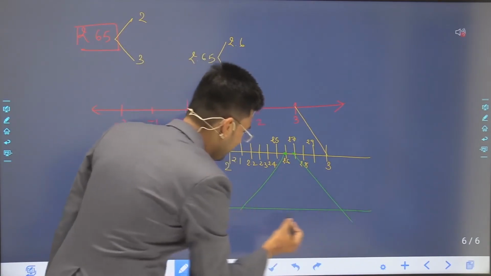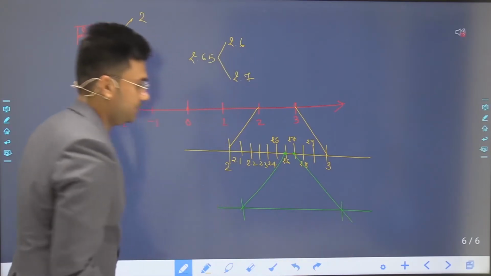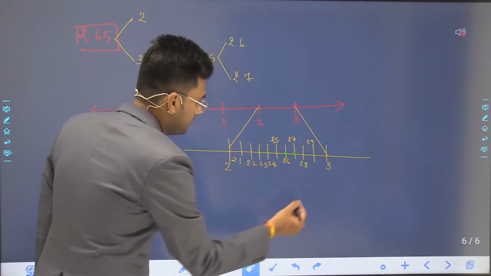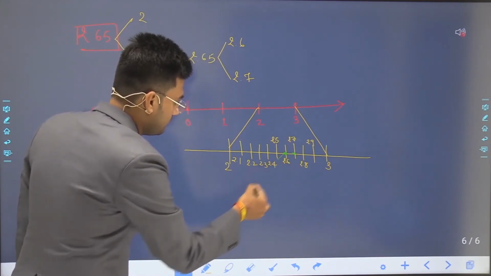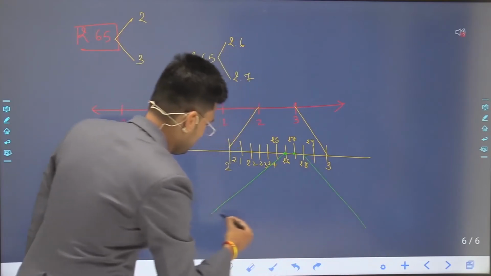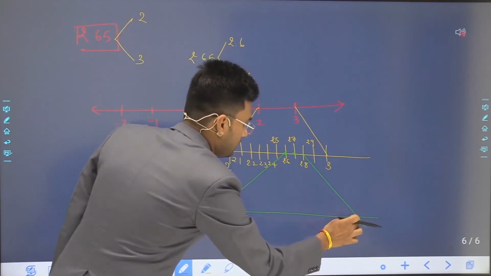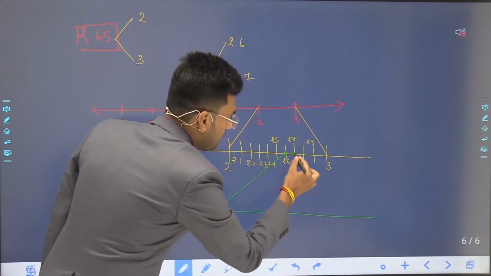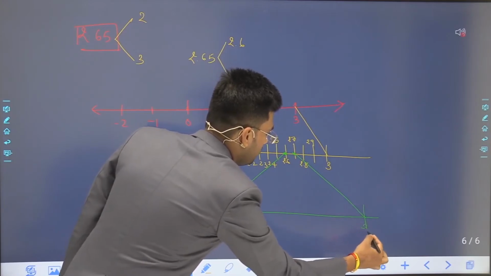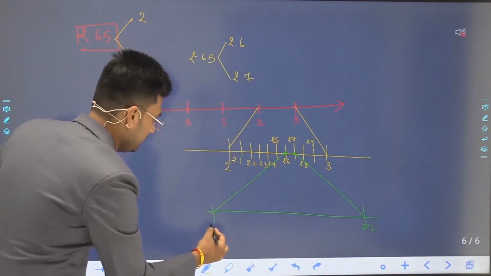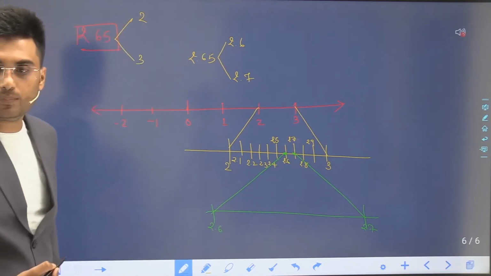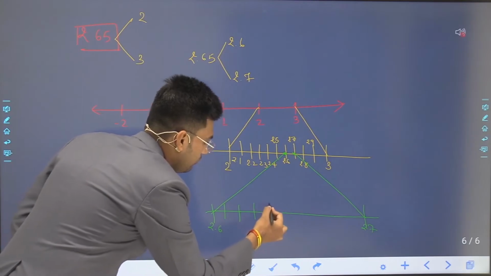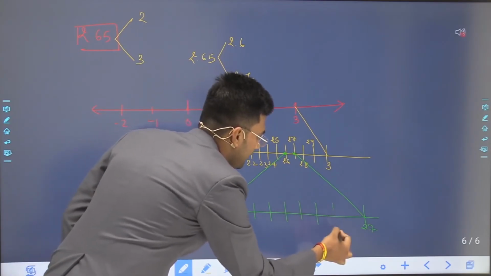Let's divide it into 10 equal parts: 1, 2, 3, 4, 5, 6, 7, 8, 9 and 10.